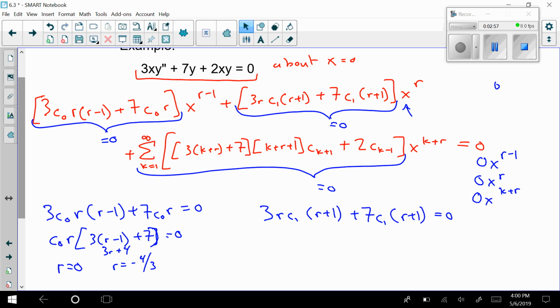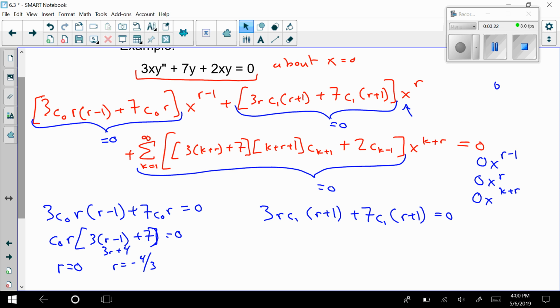We don't have to do this one as well, and this is the fundamental difference, because we have this c sub 0 here and the c sub 1, and they work kind of in conjunction with each other according to their r's. Because we already have these r's, this is just going to be some kind of nonlinear piece with them. So we don't actually have to worry about this.